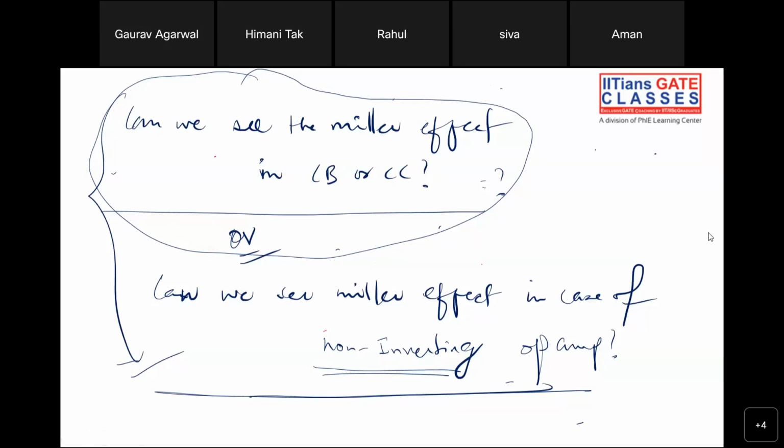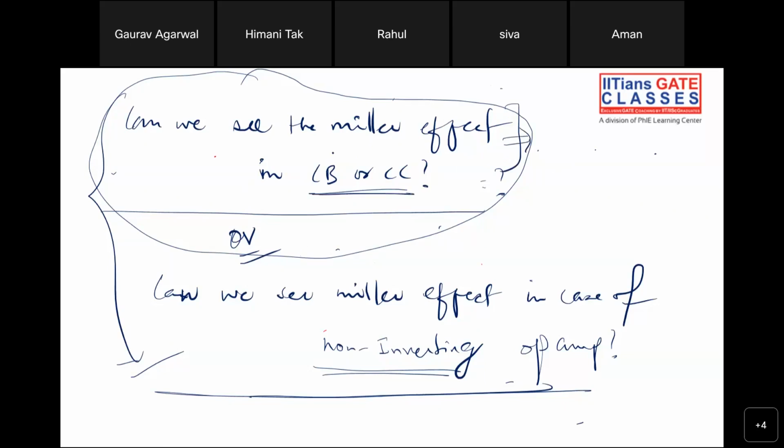Great. So guys, see how Gaurav is answering, based on his expertise. Let me inform everyone, and you have to also find out these reasons, that Miller effect cannot be seen in non-inverting op amps. It can only be seen in inverting op amps, right?